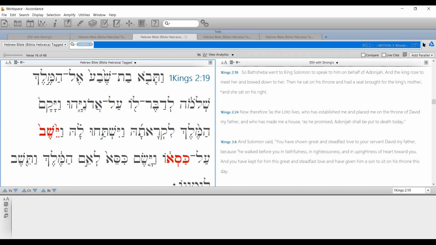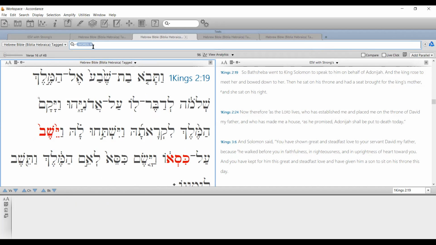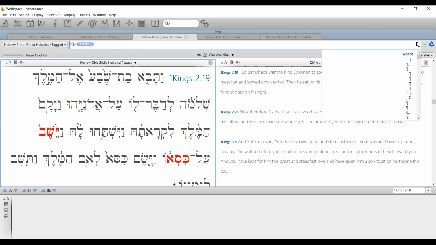One more thing that we can do. So far we were looking with words, but for the Hebrew Bible it gives us one more option. Of course verses, it is just looking for the verse, and we can use just letters. In this case, let it be like this one.